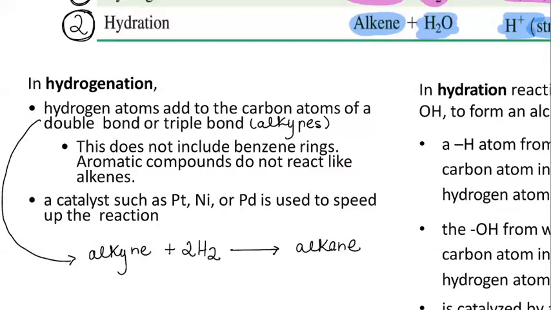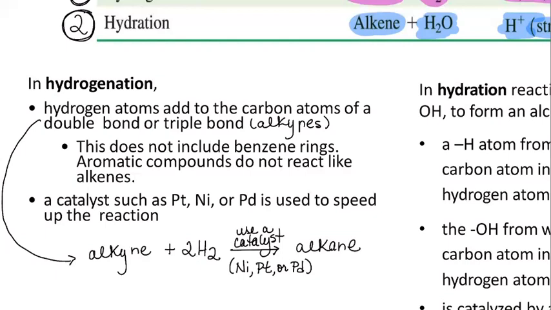And we are going to use a catalyst. And similar to the alkene, the catalyst could be nickel, it could be platinum, or it could be palladium. Okay? But alkynes can also form alkanes.